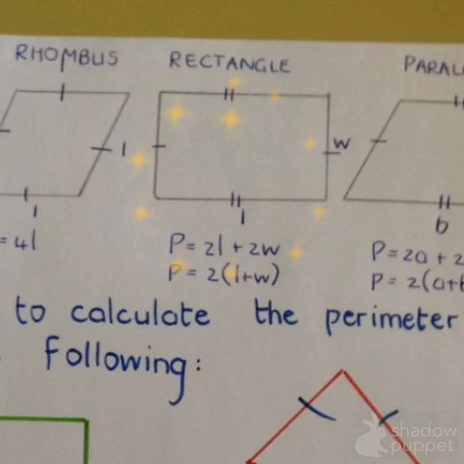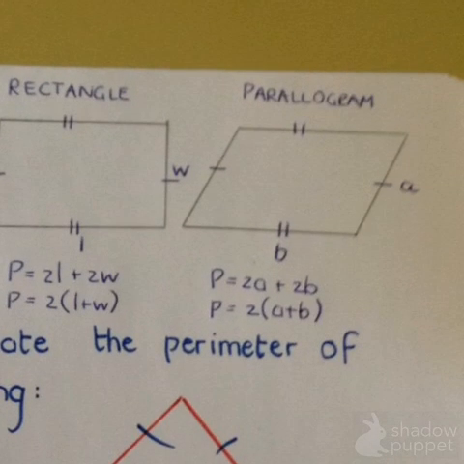Whichever makes sense to you is absolutely fine. And then if we move over, the parallelogram again is exactly the same. They've got a side A and a side B. You can either go 2 times side A and then 2 times side B, or you can go 2 times A plus B. Or you can add them all up. It doesn't matter, as long as you're going all the way around.